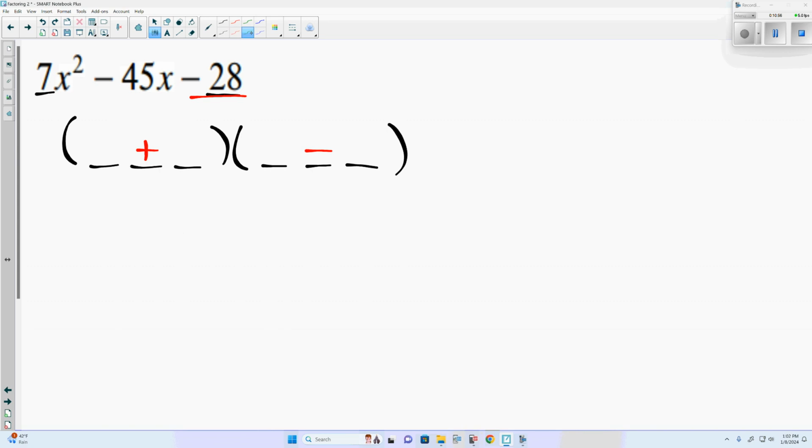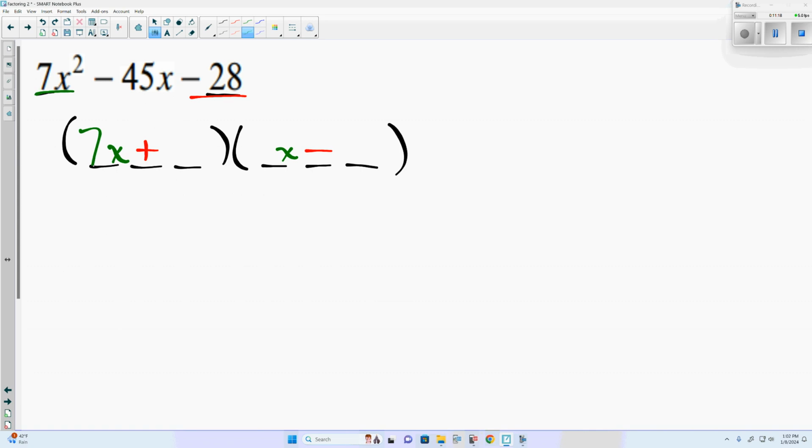Factors of the first and third term: factors of 7x squared, we're going to have x and x. Factors of 7 are 7 and 1. So we can just plug in the 7 and 1 because there's only one set.